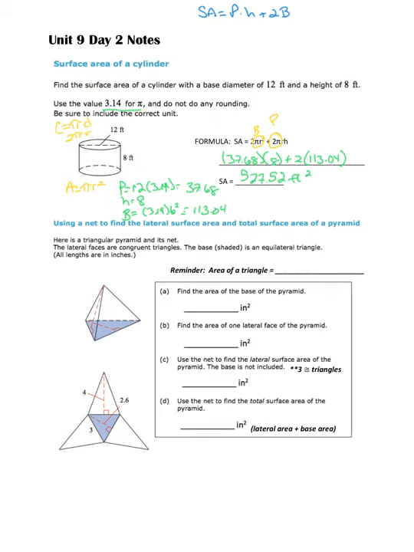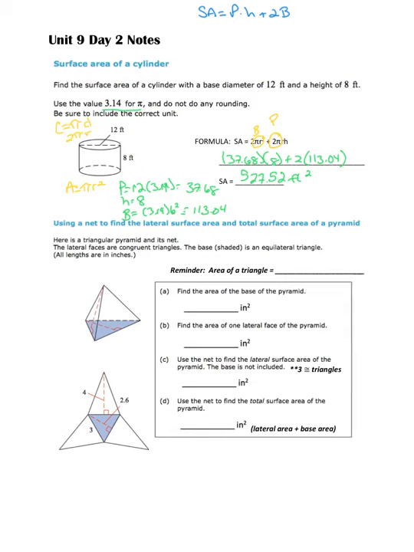Follow the directions, please. When we tell you to use 3.14, we do not want you to use the pi key on your calculator. The pi key will go far longer than 3.14, and your answer will be different, all right? It'll all be wrong. Use 3.14.